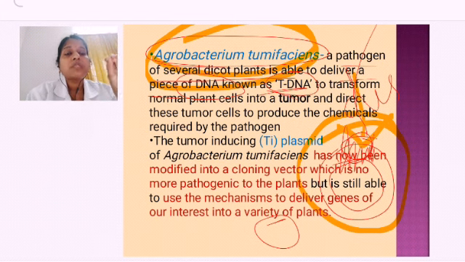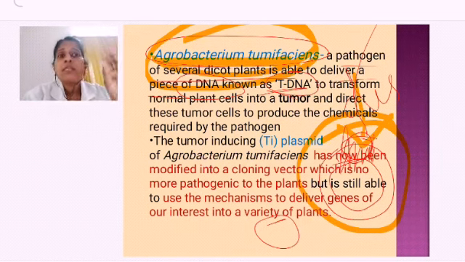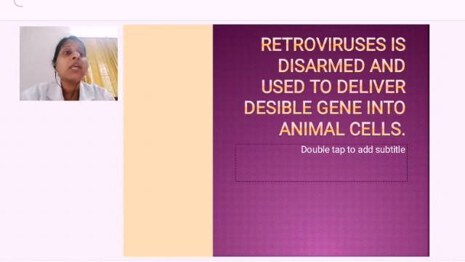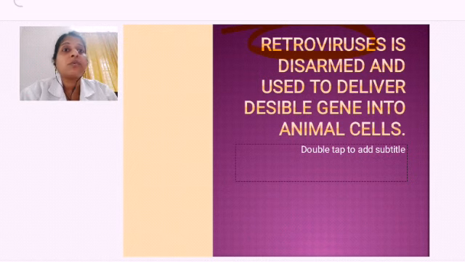Okay. So this is regarding your Agrobacterium tumefaciens. The same function, okay, Agrobacterium tumefaciens in plants, they cannot attack us. In animals, we cannot introduce this Agrobacterium tumefaciens. They are specific to plants. But in case of animals, we are using another vector. What is the vector we are using? We are using a group of viruses called retroviruses. In that, the virus's poison controlling property is removed, and in that my gene of interest is introduced, and then it is put into the animal.